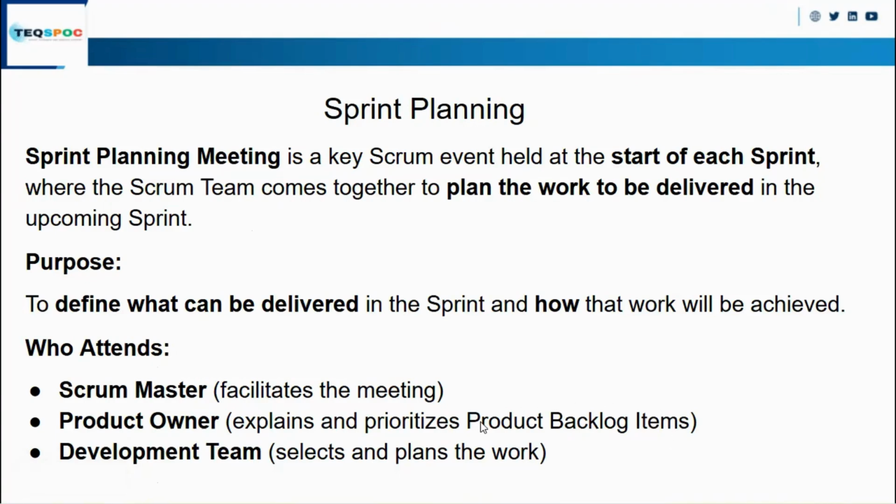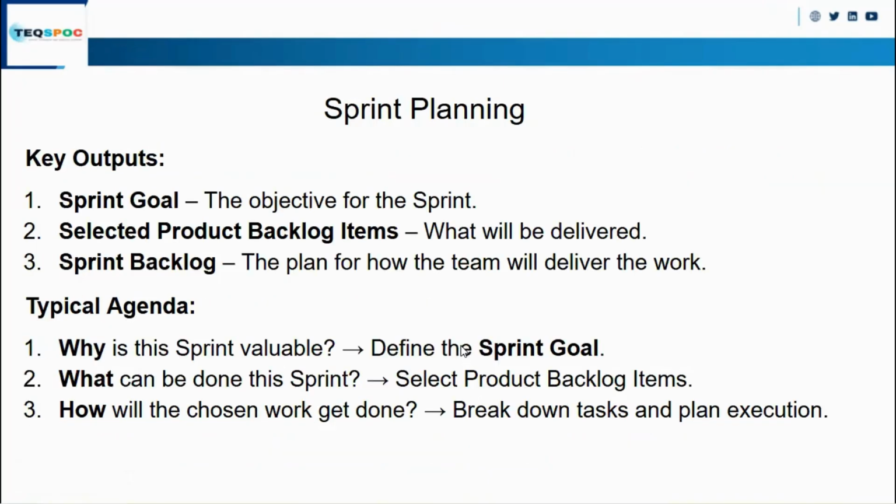He will do prioritization and everything. The Scrum Master manages the development team or Scrum team. And the development team works on the tasks. They are backend developers, front-end developers, the people who actually work on the given task.